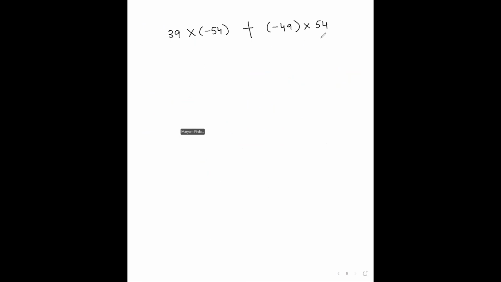Fine. This is the question. Now, Hiba, you have two separate things here. Here you have minus 54 and here you have 54. So let's take out 54 as common. If we take out 54 as common, what do you have remaining in this term?